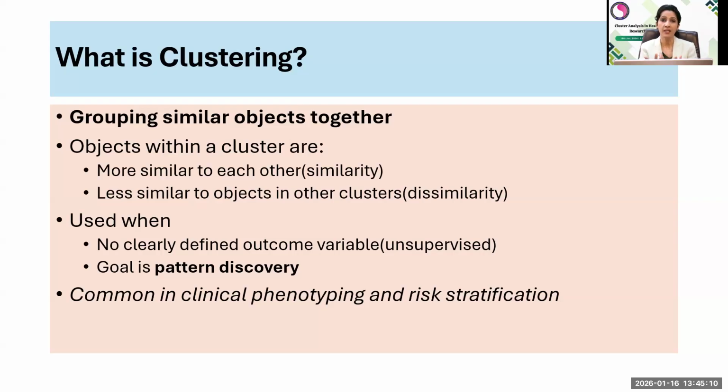We use this cluster analysis as an unsupervised kind of analysis. So what is unsupervised here? Generally, let's say we are doing linear or logistic regression, we tell the computer that this is the outcome, disease positive or negative, a particular dependent variable. We feed the data as diseased or non-diseased.